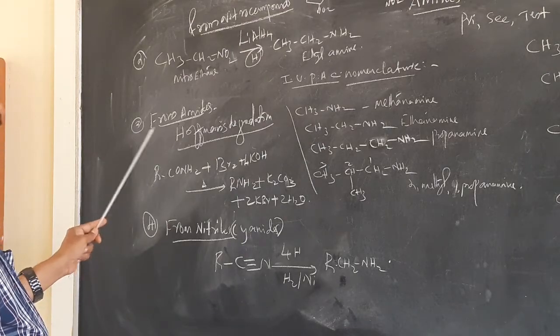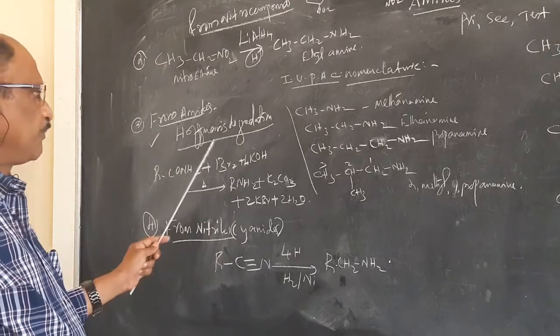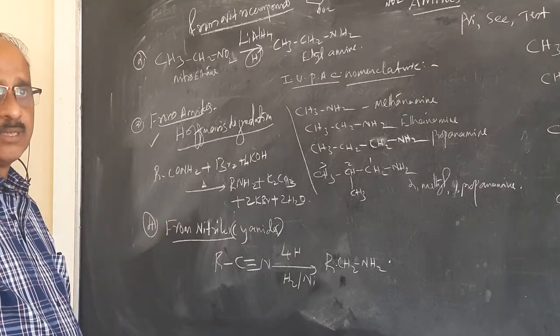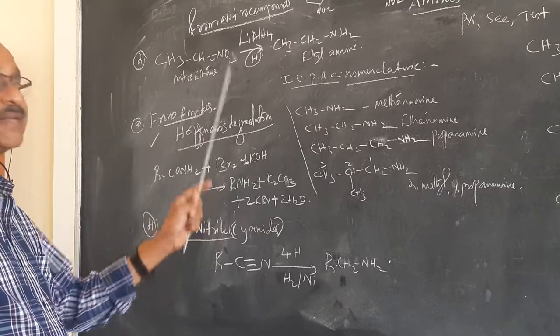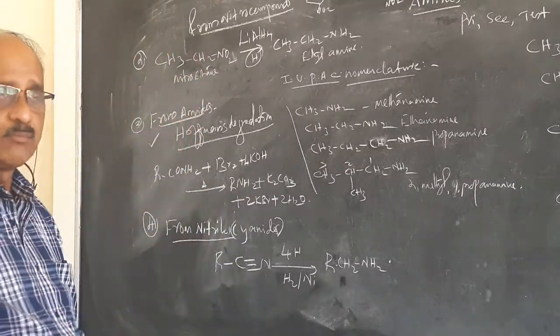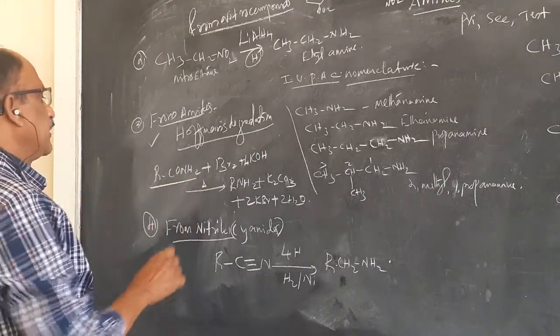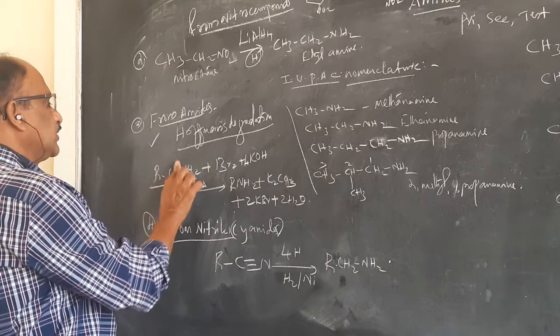Next reaction is from amides. This reaction is very important. This also will be asked in the examination. Hofmann degradation, otherwise Hofmann bromamide reaction. So you have to take an amide here, RCONH2. This is an amide.